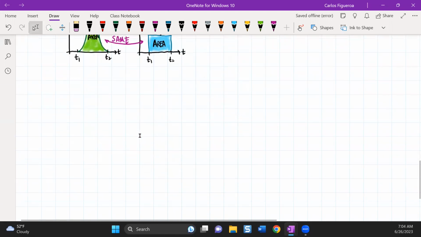So now what we need to do is extend this to n gas particles.